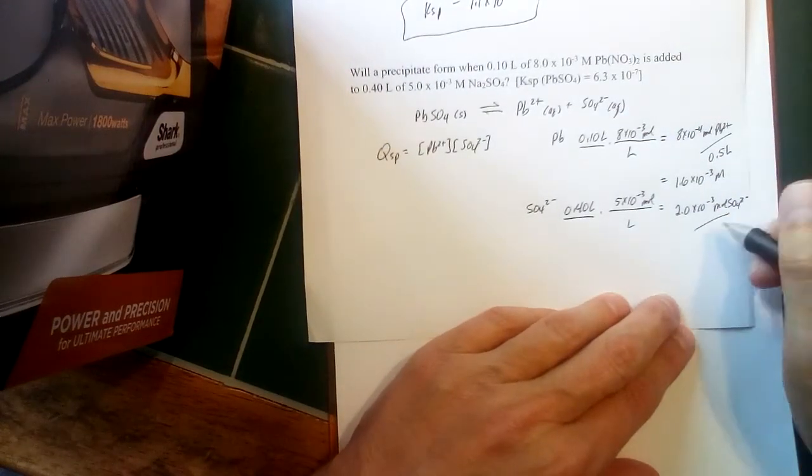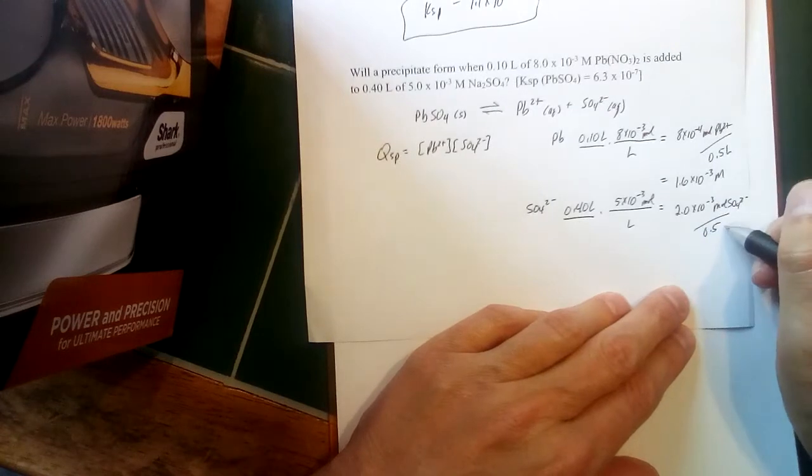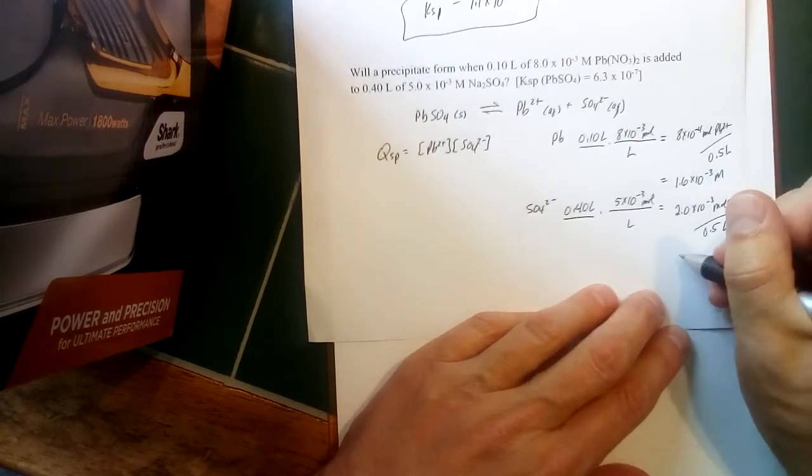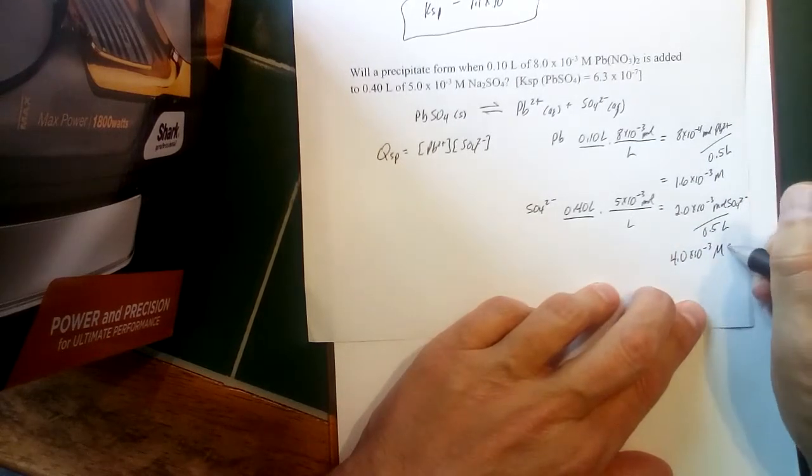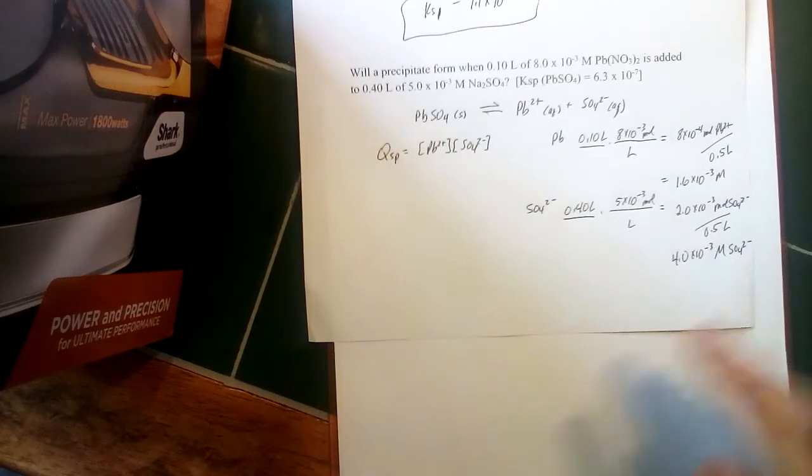Divide that by the volume of the solution, 0.5 liters. So 2 divided by 0.5 would be 4. So 4 times 10 to the minus 3rd molarity of sulfate ions.